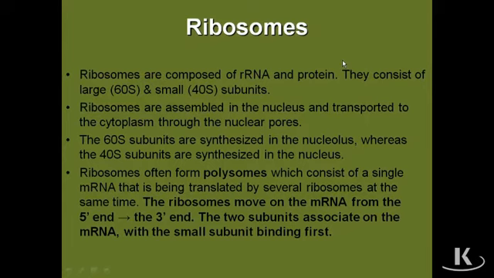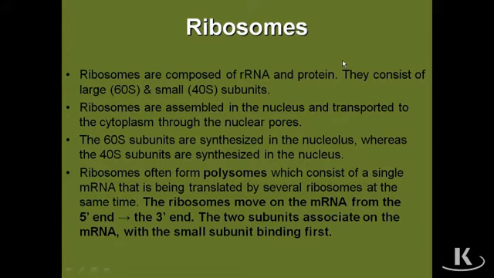Ribosomes are composed of ribosomal RNA and protein, and they have a combination of large and small subunits. They are assembled in the nucleus and transported to the cytoplasm through the nuclear pores. Frequently, the ribosomes will form polysomes, which consists of a single messenger RNA that's being translated by several ribosomes at the same time.